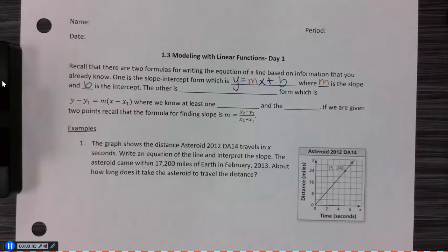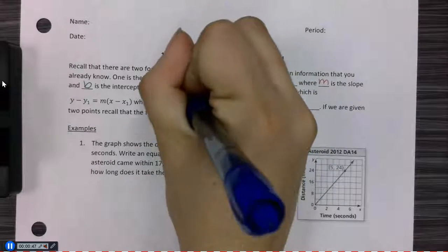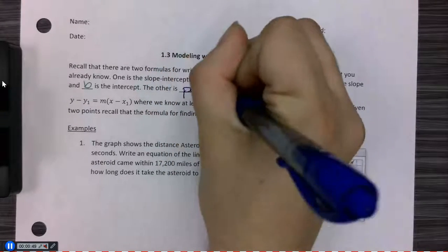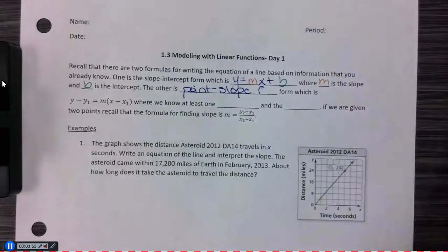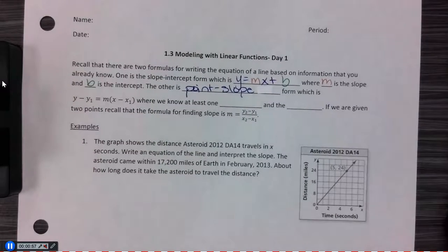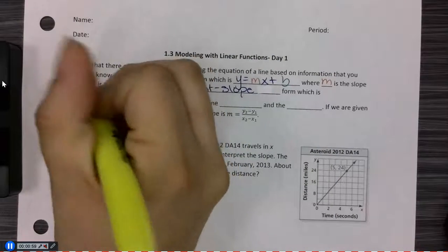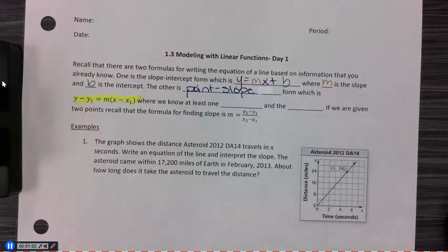Oh, the second one is called point slope form. Oh, the form's already on the paper. And that one is y minus y1 equals m times (x minus x1), where we know at least one point and the slope.